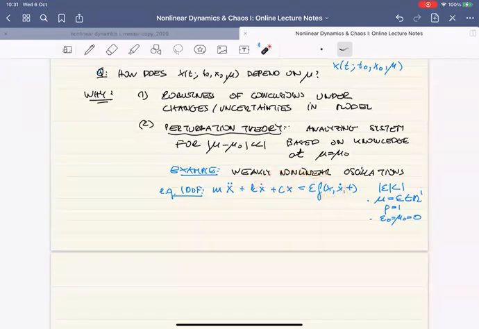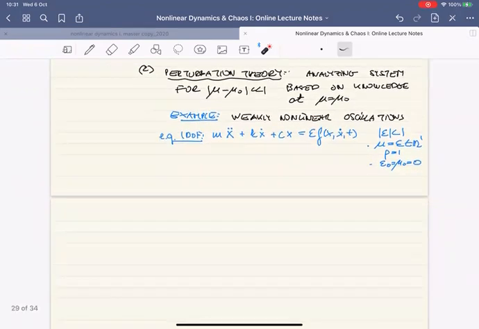But if this is truly nonlinear, then we don't know how to solve. Another case that we know how to solve is when it's just purely forcing, independent of x and x dot, because then it's just an inhomogeneous linear system, right? So what do we do?